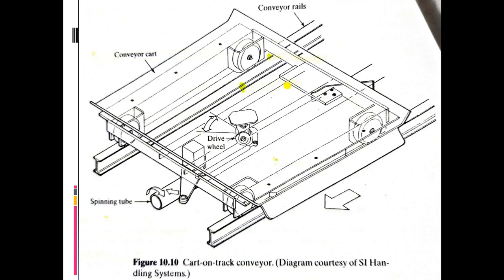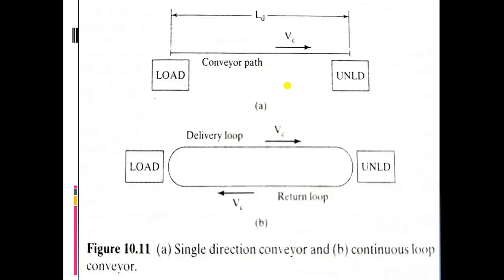Carton track conveyor, and this is the general arrangement for the conveyor, that is in one direction. In another case, a return loop is there. So loading and unloading stations will be there, and between those stations the material will be transferred.